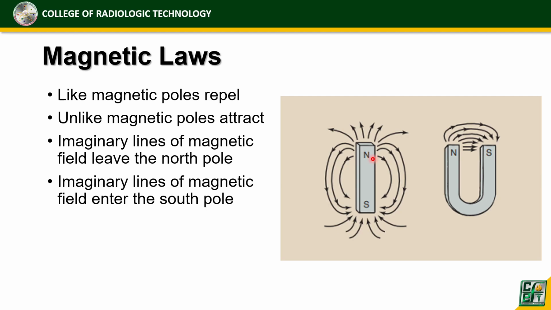Both poles. So very good. So kung makikita nyo naman sa illustration, kung saan nagmumula at saan papunta yung magnetic field, yung imaginary line sa magnetic field, di ba? Wala siya sa gitna. Walang magnetic field line sa gitna. Dito rin, sa lower part, walang magnetic field lines.